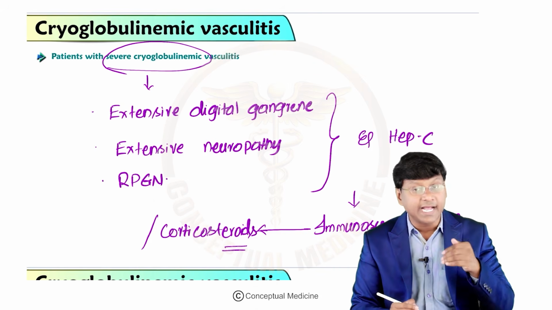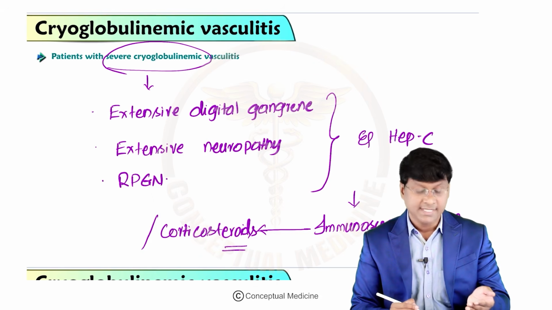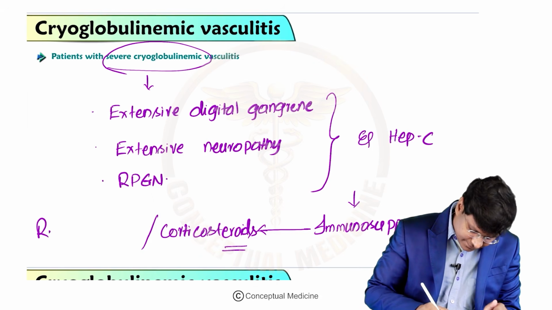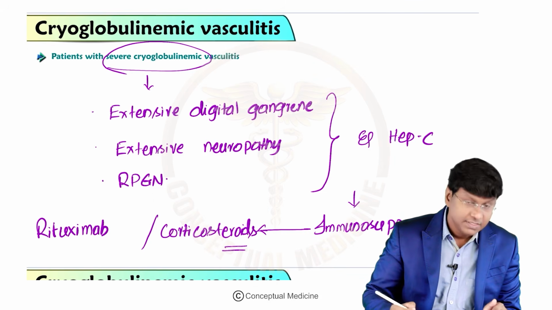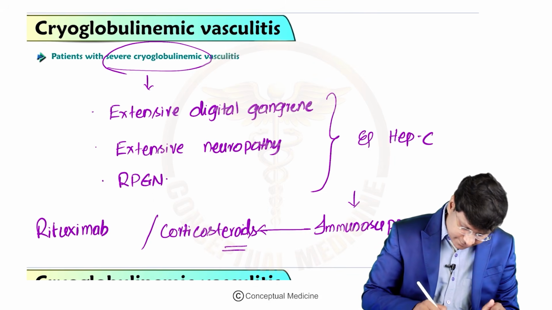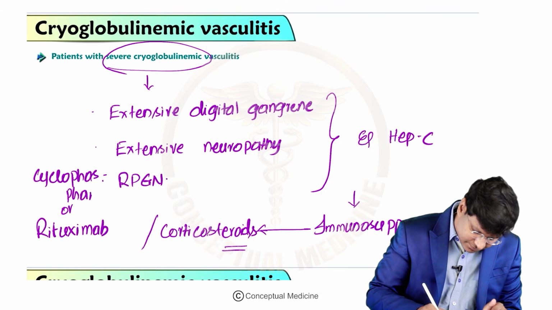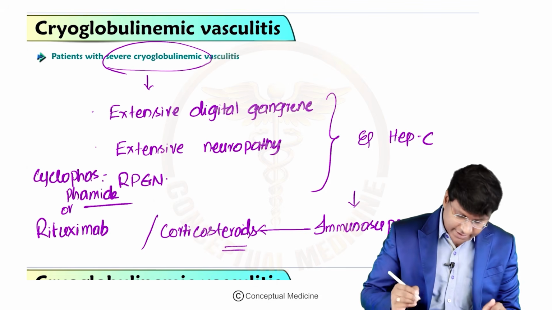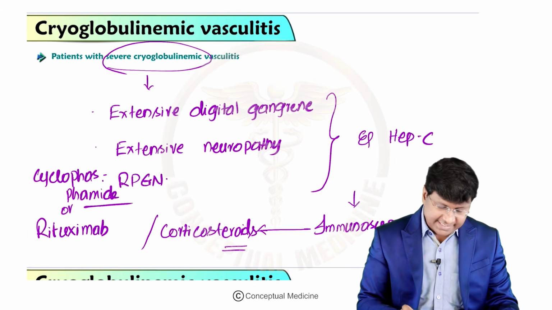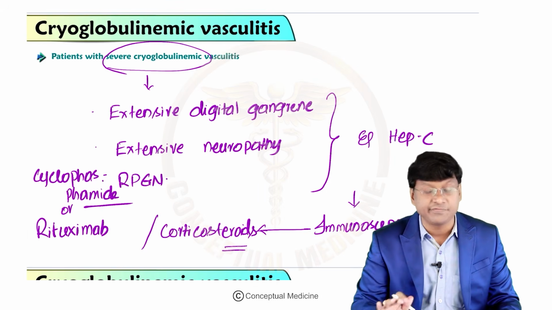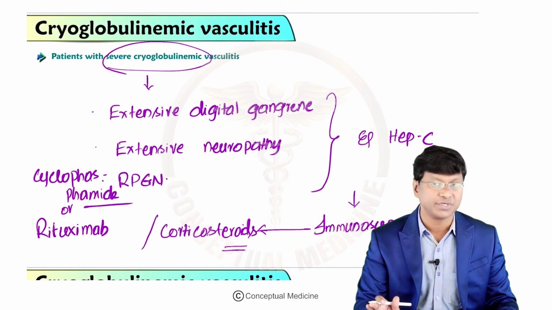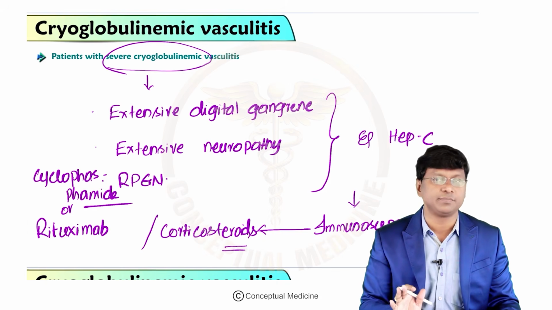And the other immunosuppressive agents that can be given are rituximab or cyclophosphamide. So these are the agents that you have to give in individuals with severe cryoglobulinemic vasculitis. Please remember, this is a very, very important point.